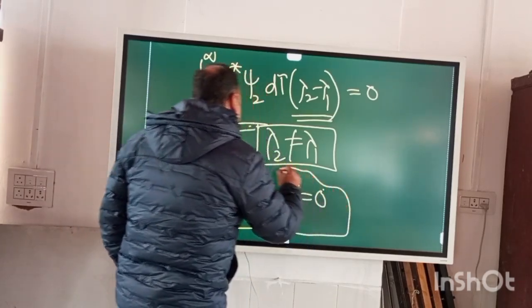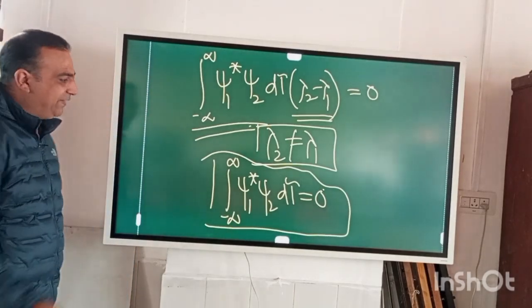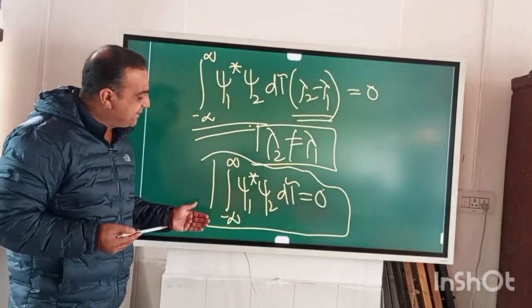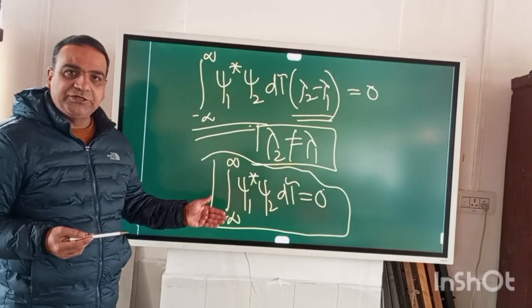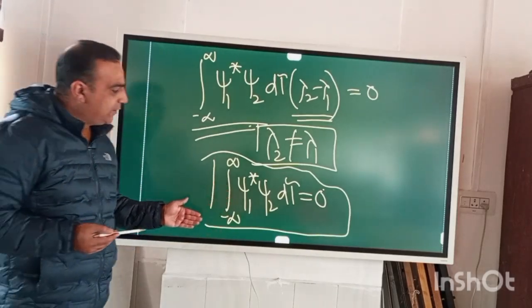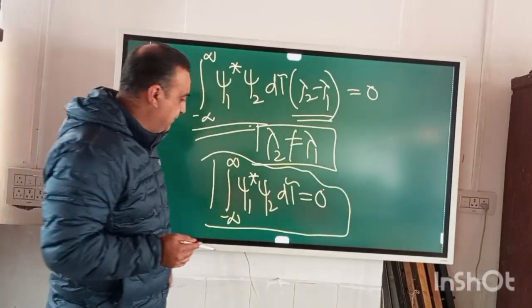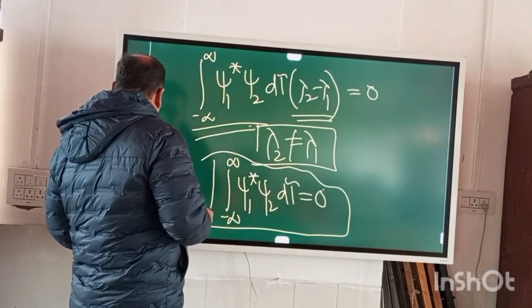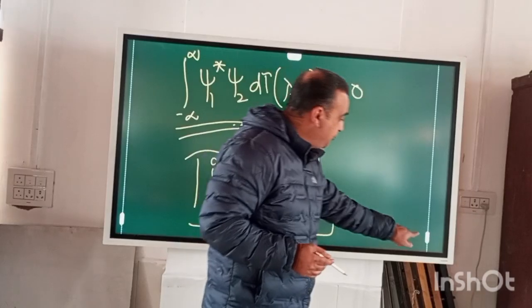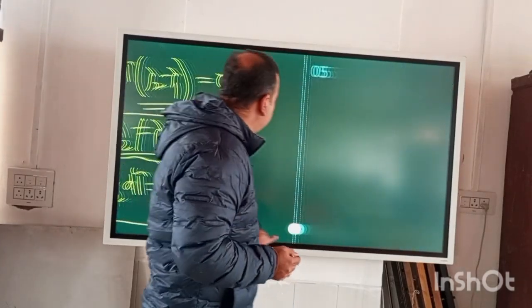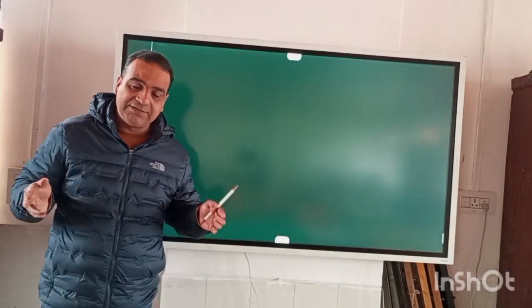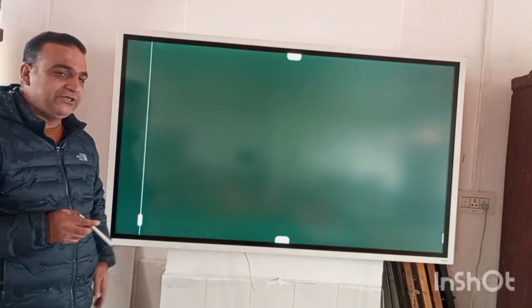So in this way, we have obtained the relation that we were interested in, and what we have obtained is that the two wave functions psi 1 and psi 2 are orthogonal to each other. So this was one important property of these Hermitian operators. Using the Hermitian property of the operators, we have proved that these two wave functions, psi 1 and psi 2, these two eigenstates, are orthogonal to each other.